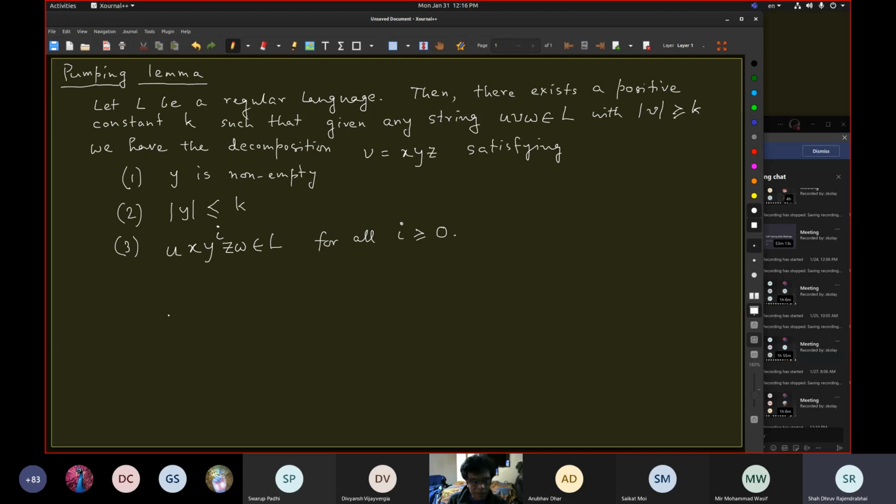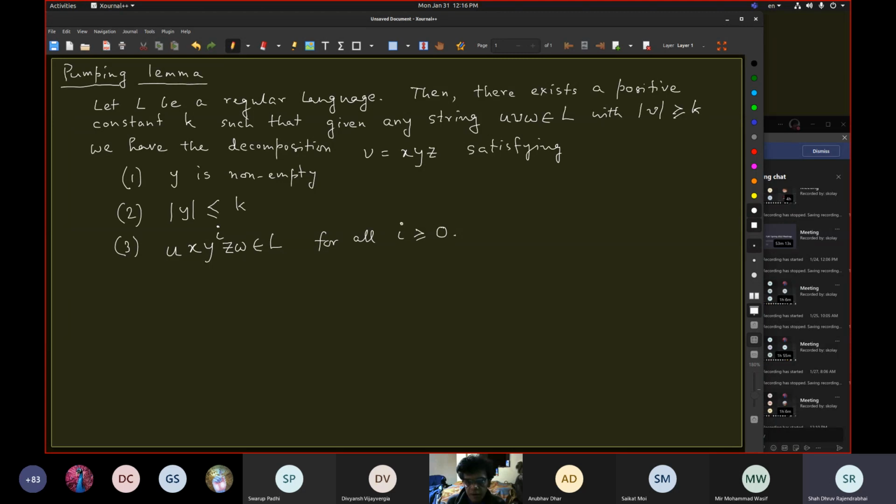Is that fine? So I am not going to prove it formally, but you can see we can take k to be the number of states of a deterministic finite automaton accepting L, and we can see how the states of that DFA evolve when it reads this V. At the beginning of V, it is in some state q0.